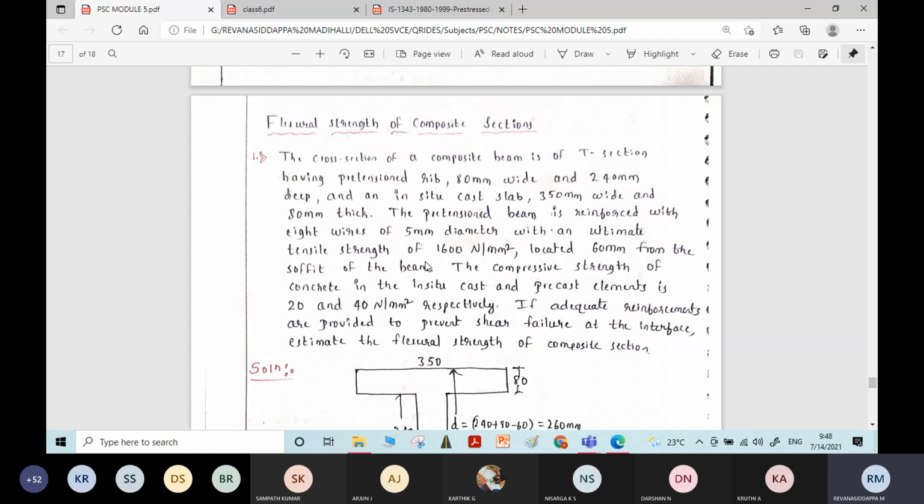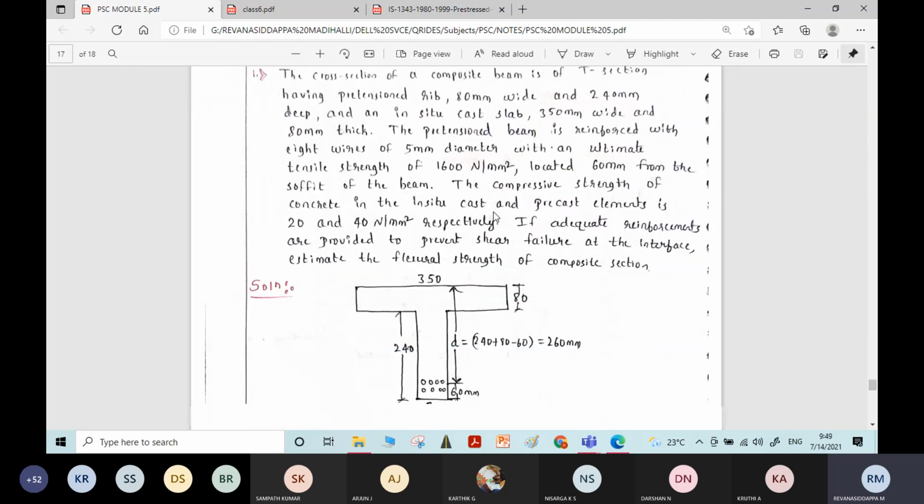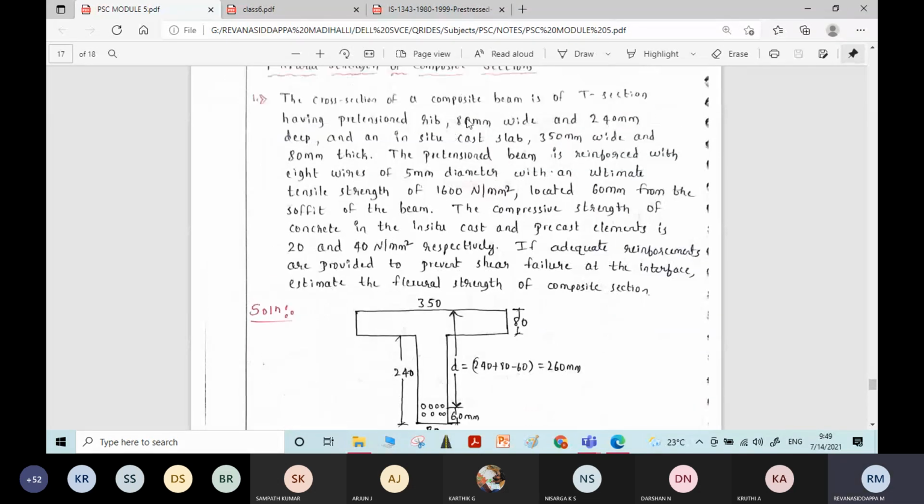The cross section of a composite beam is of T section having a pre-tensioned rib 80 mm wide and 240 mm deep, and an in situ cast slab 350 mm wide and 80 mm thick. The slab dimensions are given, beam dimensions are given.